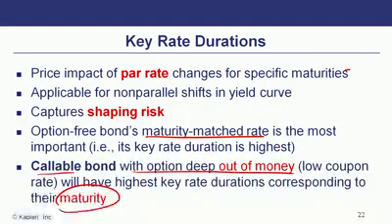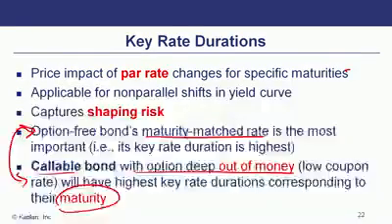If you're way out of the money, the value of the option is going to be low, so the rate durations are going to look like they would for an option-free bond. So you've got a 10-year bond, a straight bond. What's going to be the most important rate duration? It's going to be the 10-year rate duration. If you have a callable bond that's deep out of the money, that option doesn't look like it's going to be exercised. So again, it's the maturity matched rate duration, the 10-year rate duration, that's going to look the most important.